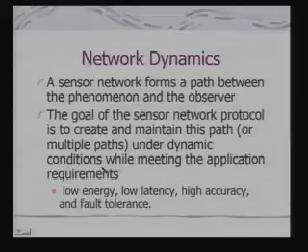And these are generic requirements: low energy, low latency, high accuracy and fault tolerance, because there may be failures and I would need to get the track despite the failure of one or two nodes.